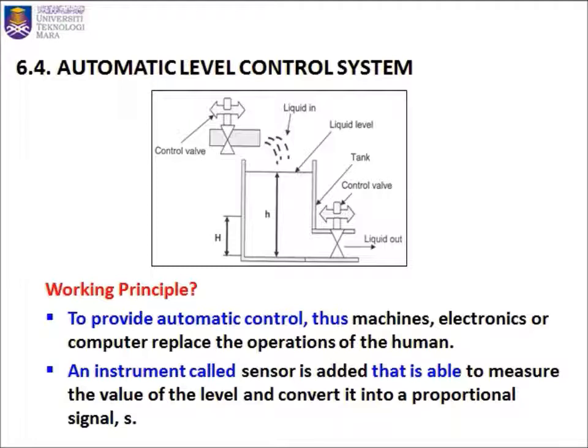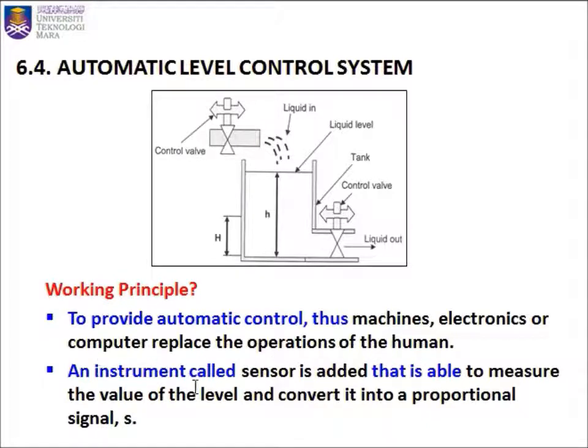Okay, next we move to automatic level control system. Okay, so how does it work? To provide automatic control, a machine, electronics or computer replaces the operation of the human.